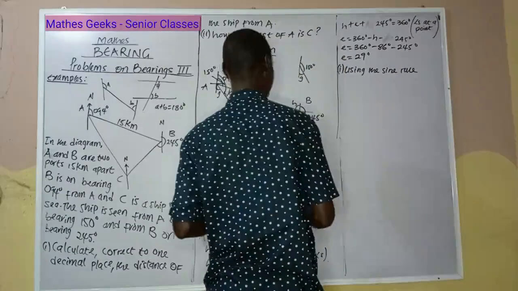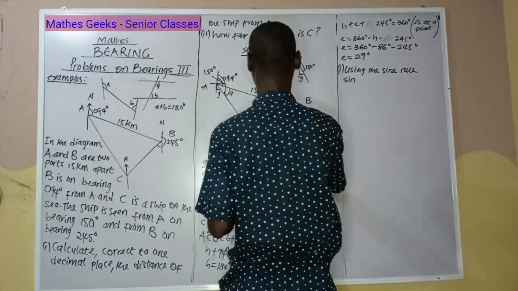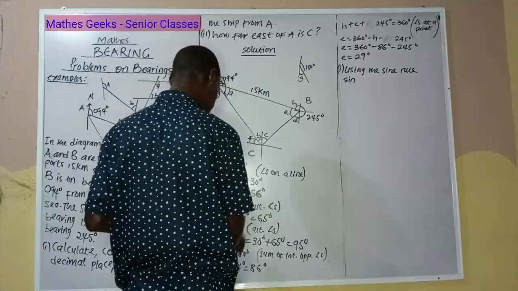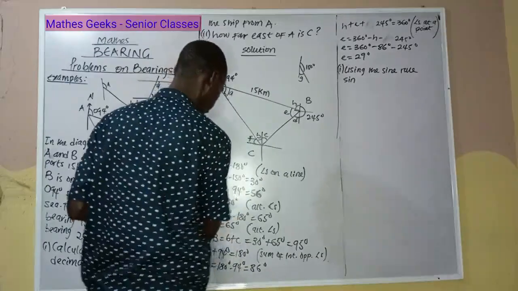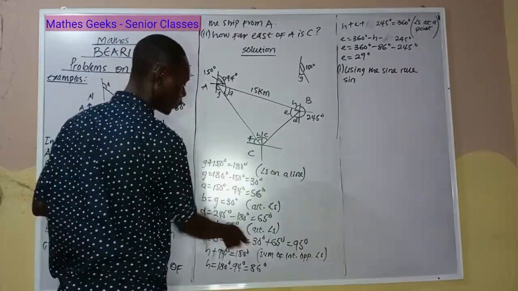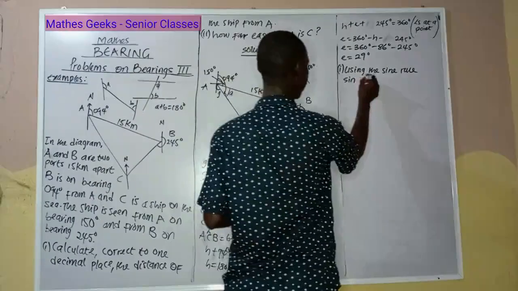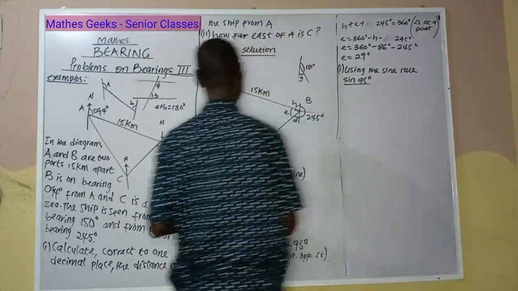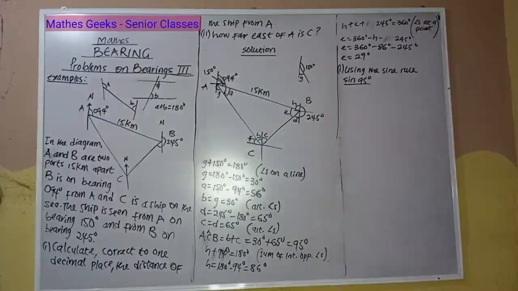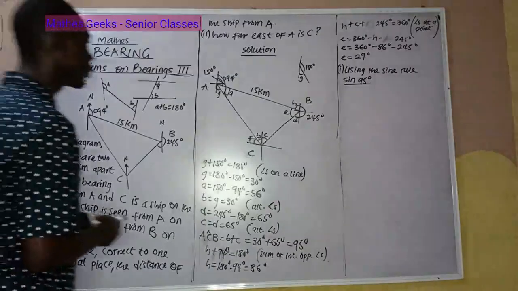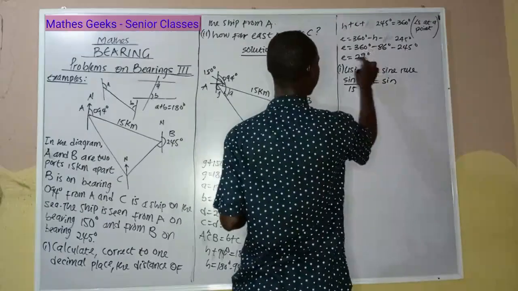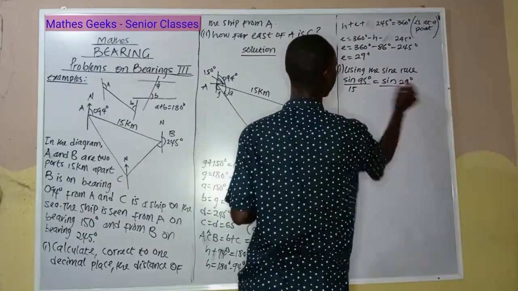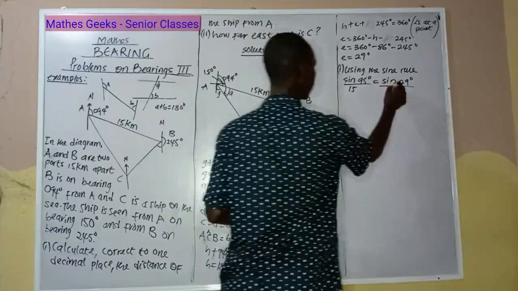Using the sine rule, you can say sine of angle ACB, which is 95 degrees, over 15 equals sine E, which is 29 degrees, over AC.